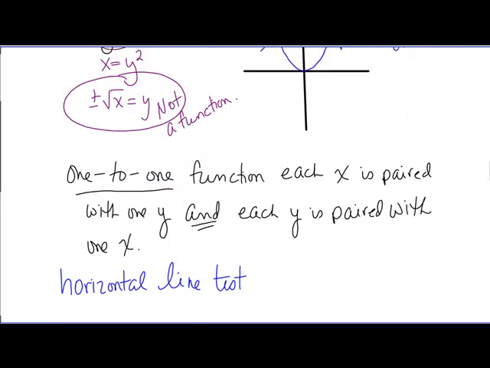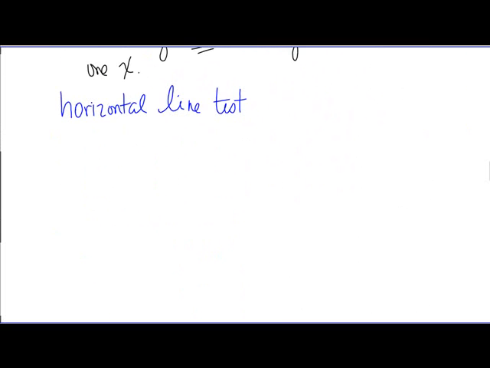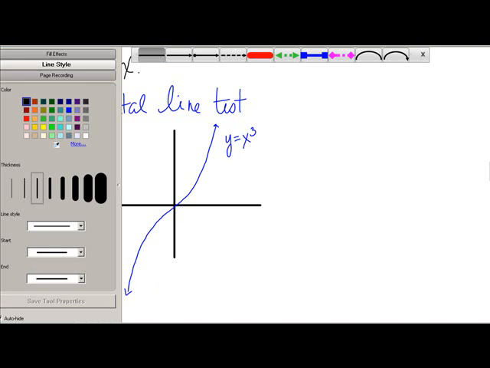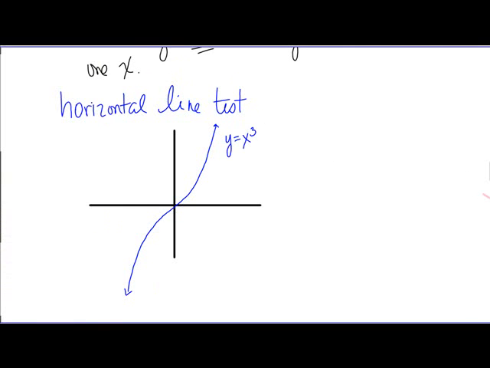So an example of a one-to-one graph could look something like this. Maybe I've got the graph of y equals x cubed. We'll start with one that's really simple. If you think about drawing a horizontal line on that graph, I'm not sure you're going to be able to see that real well because I picked pink accidentally instead of red.